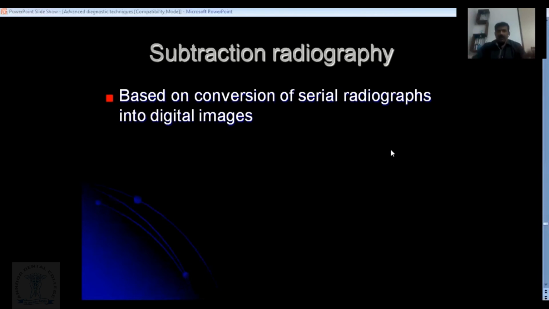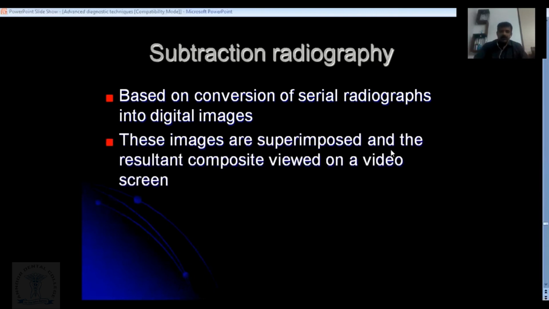After your treatment, immediately on the day of treatment, and at 3 months, 6 months, 9 months, 18 months after your treatment, you take serial radiographs, and all these radiographs are put into one software. All these images are superimposed, and the resultant composite is viewed on a video screen.